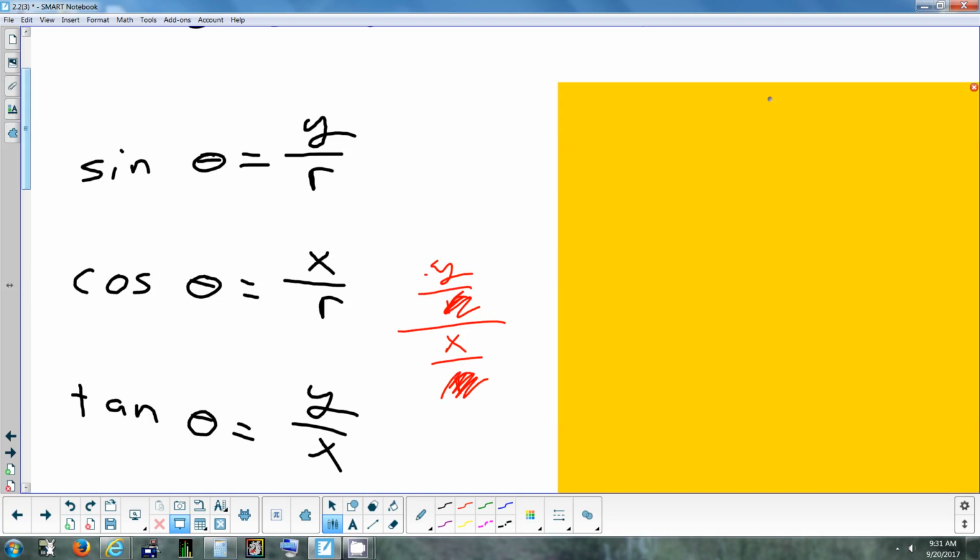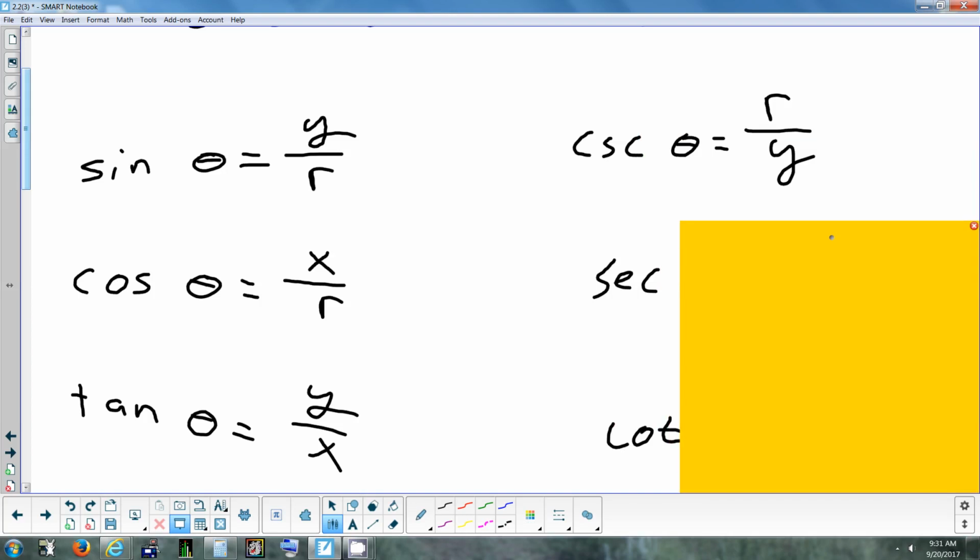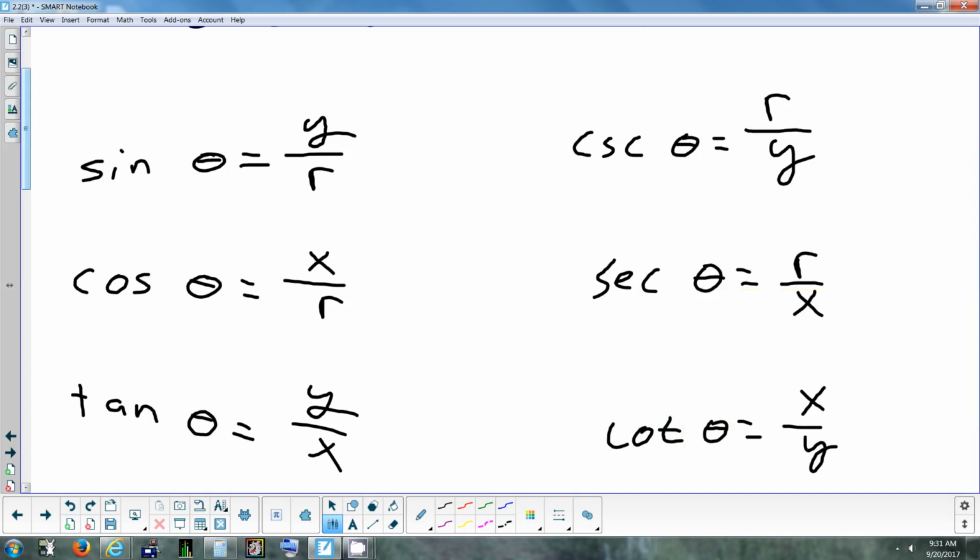So with tangent and cotangent, there's no difference in the formulas. What do you think the cosecant would be? Rudy? R over y. How about the secant? Yeah? R over x. And the cotangent, I already told you, stayed the same. X over y.